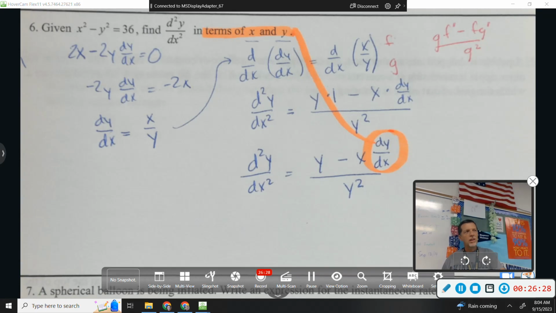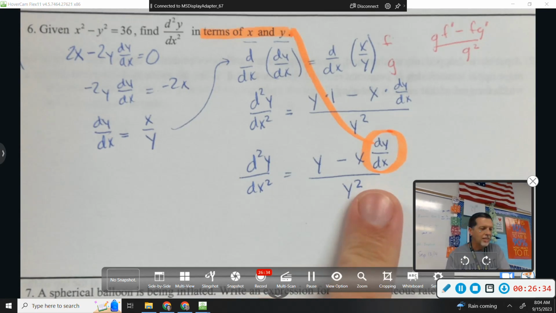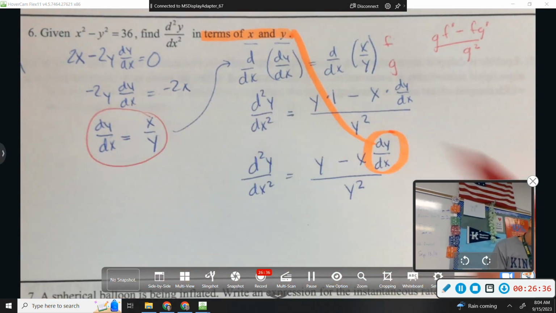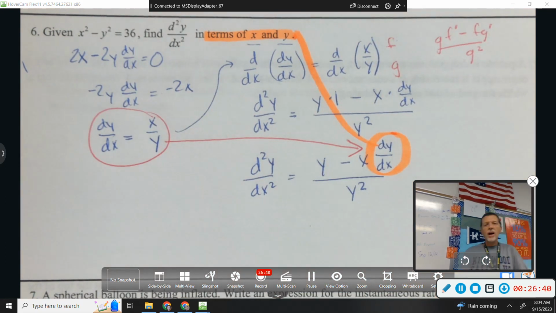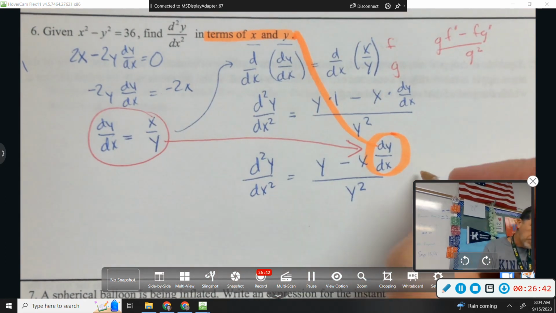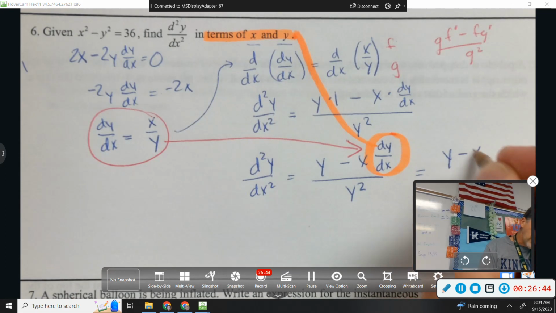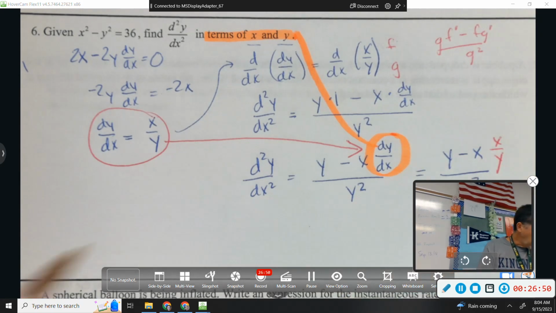Can you put x over y in there? Yes, that is the trick. Well, wait a minute, I know what dy dx is. It's over here. So in place of dy dx, which isn't supposed to be there, I can put x over y. So y minus x times x over y, all over y squared.